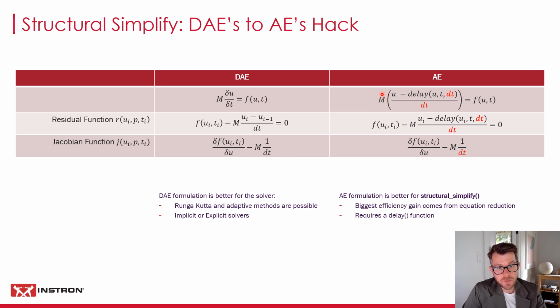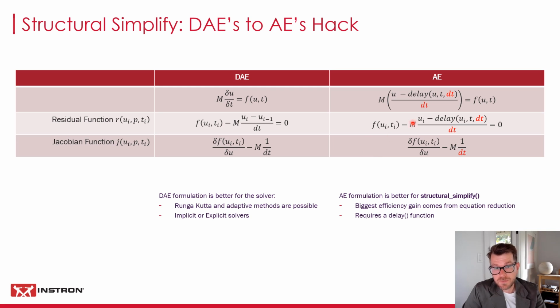I leave the mass matrix term here, but this actually would go away because we've replaced our differentials here. But as you can see, the residual and Jacobian are essentially the same, and we're solving then the same set of equations, just in a different way.